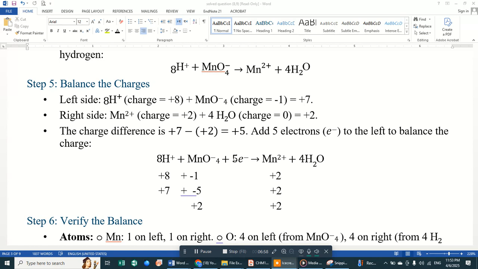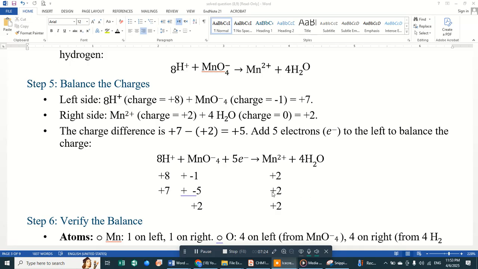-5 means 5 electrons. You must put 5 electrons on the left-hand side to balance the charge on both sides, because 5 electrons are donated to the manganese to change the oxidation state from +7 to +2.